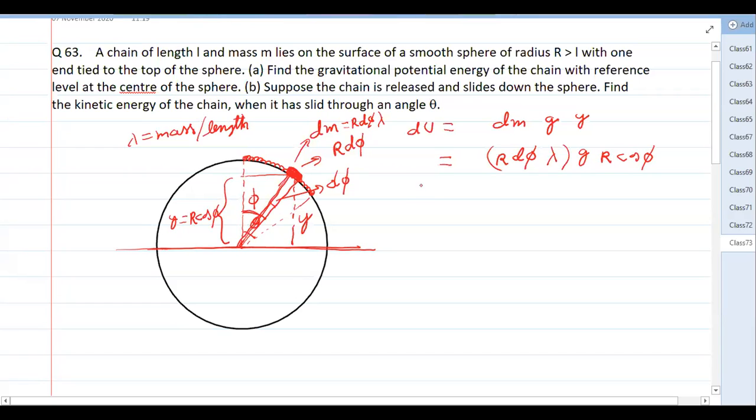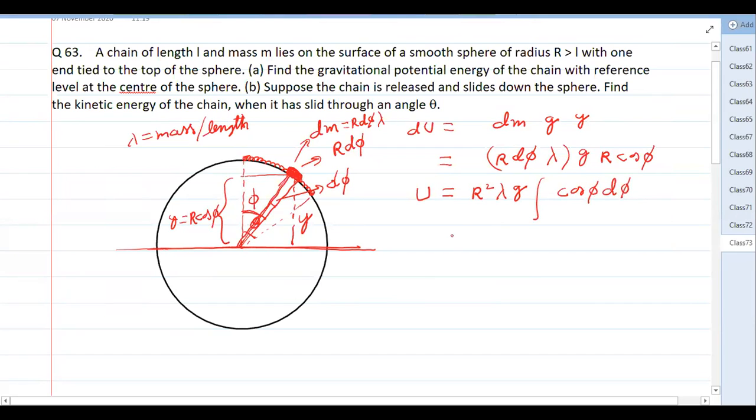Now we have to integrate this. For getting U, we can take the constants outside. The constants are r square, lambda, g. Then we have cos phi d phi.